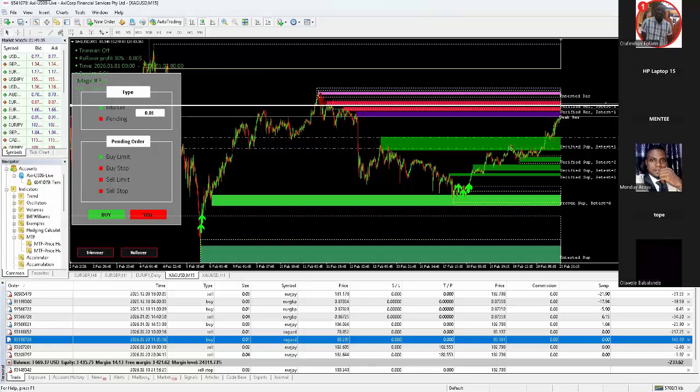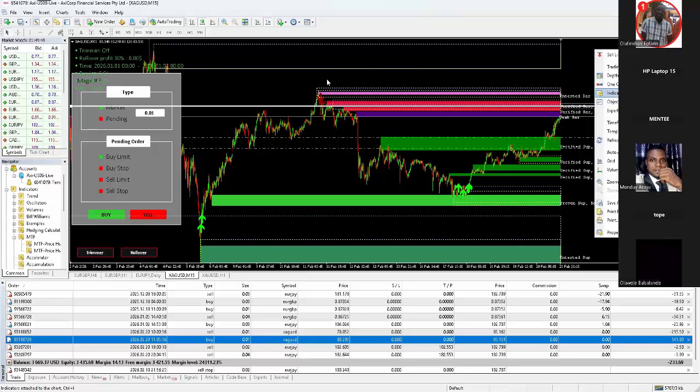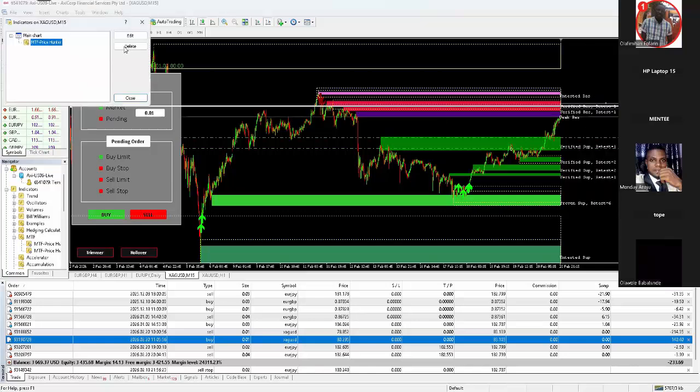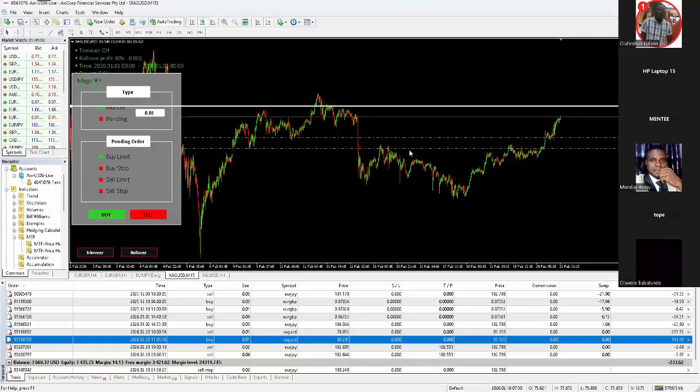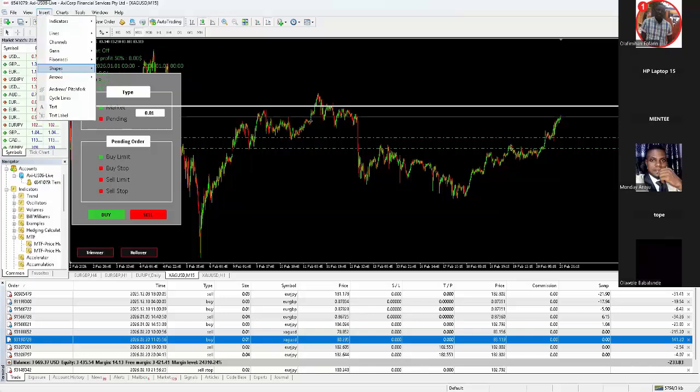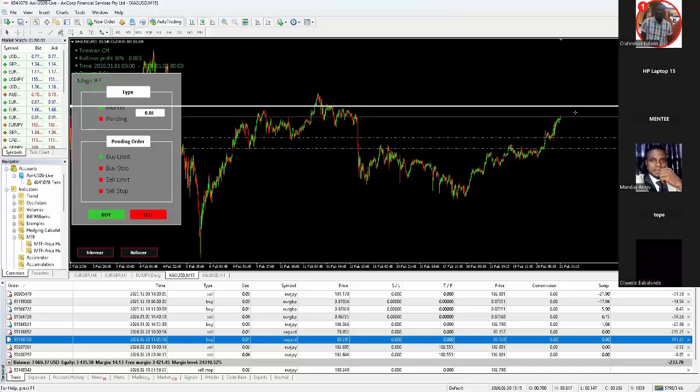And what is the decision I want to take here? It's that I want to put my pending order here. So I'm going to remove this multi-time frame also. You can see that the multi-time frame and what I drew with my hand did almost the same thing. So now, this is where I want to work.